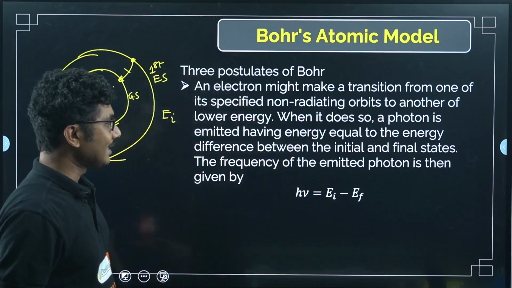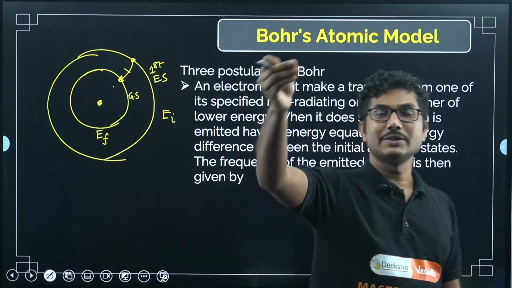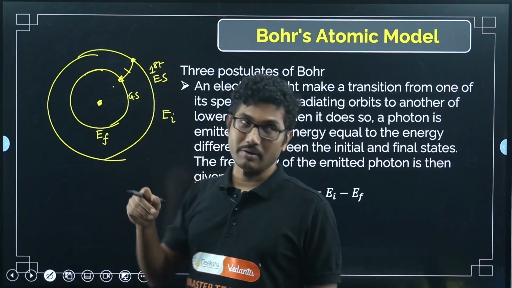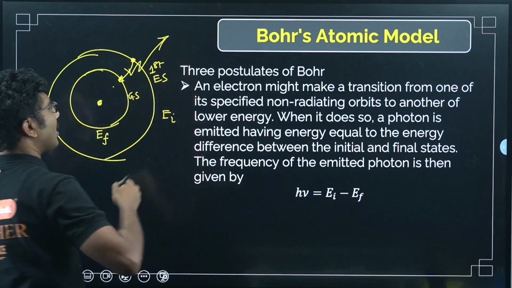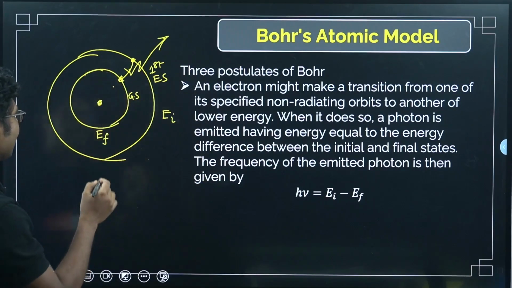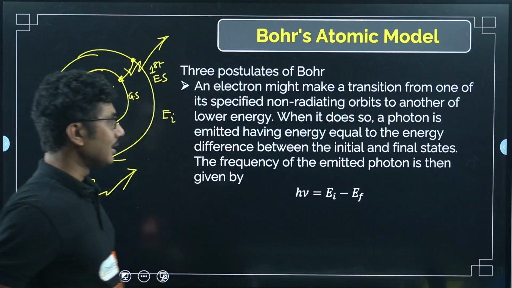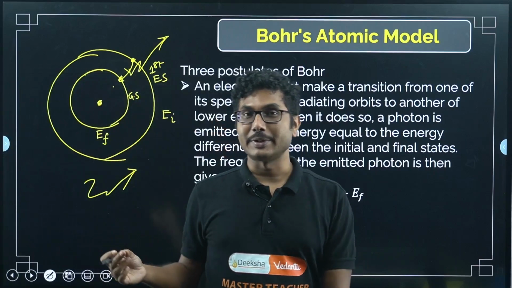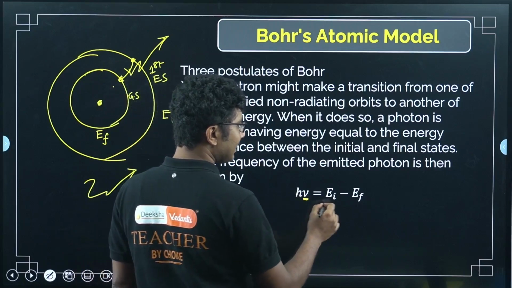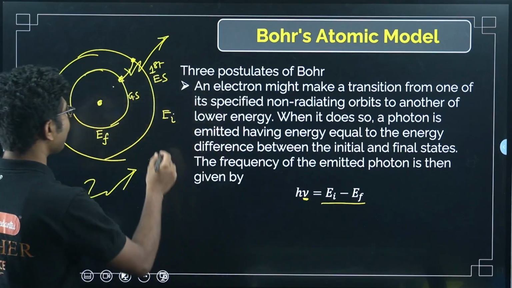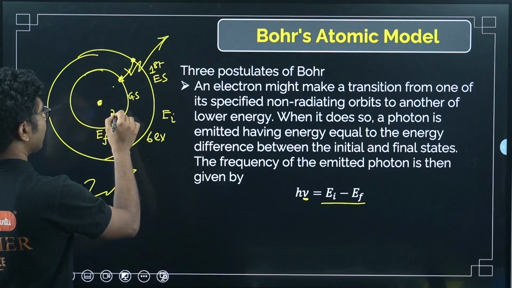That is what they said: when an electron jumps from one energy to another, it emits a photon. Photon emission is denoted by a curvy arrow like this. The frequency nu of the emitted photon is given by this. Suppose this has some energy, say 6 electron volt, and this has 2 electron volt.